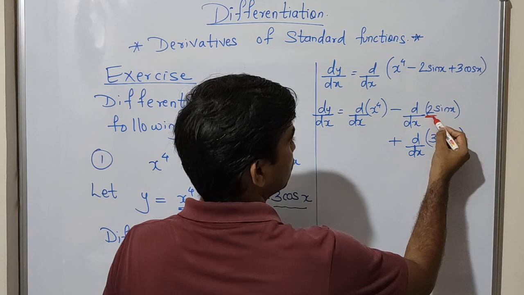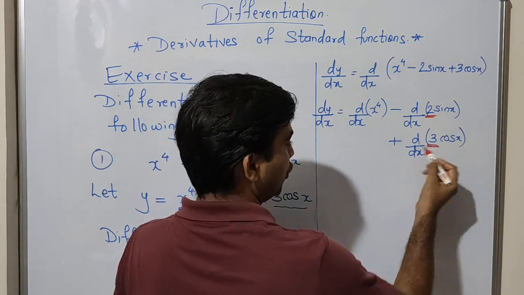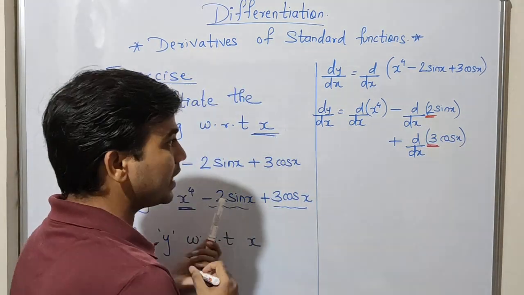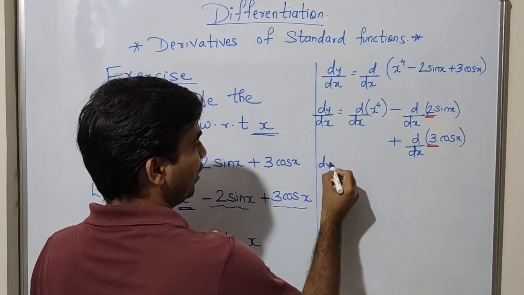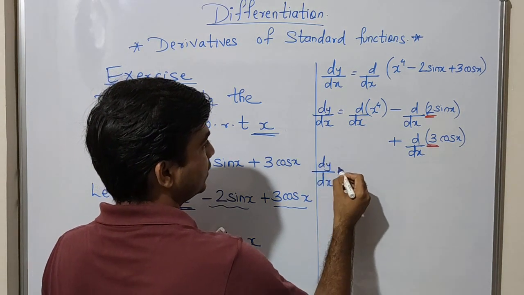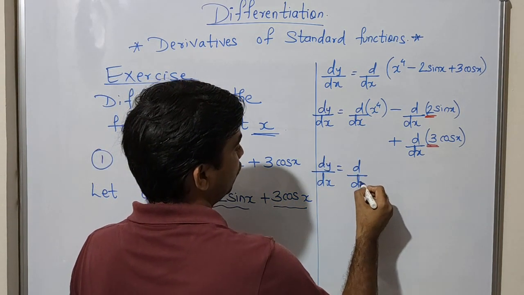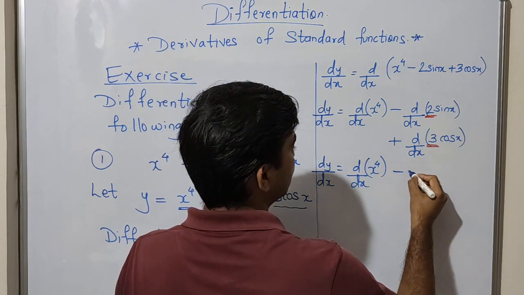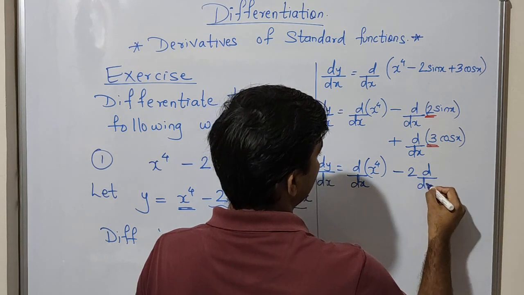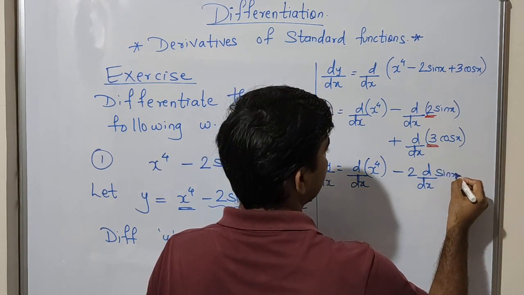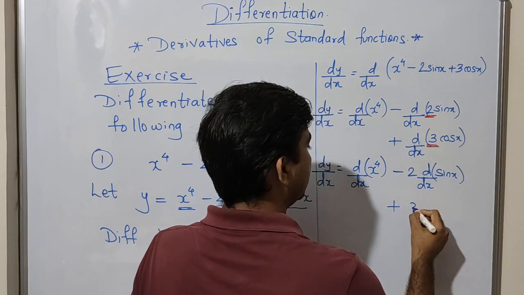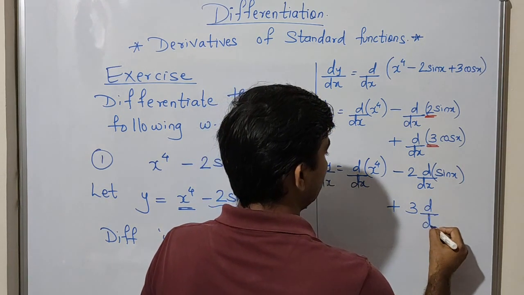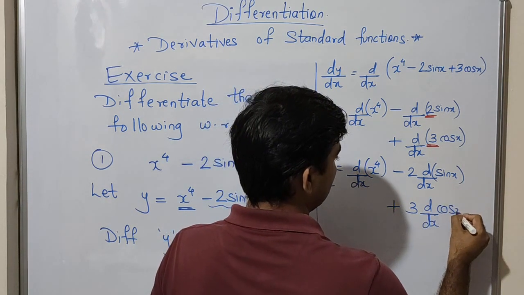I have got 2, that's the coefficient, and I have a 3 over here. Put them aside. So dy by dx is derivative of x raised to 4 minus 2 into derivative of sin x plus 3 into derivative of cos x.